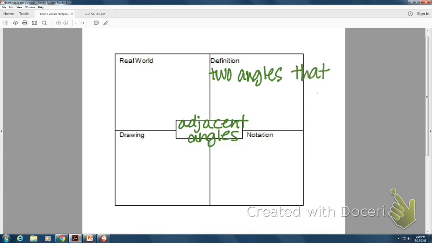Correct. It'll be a ray, but what else? Angle, but vertex, more specifically. So two angles that share a common side and common vertex.